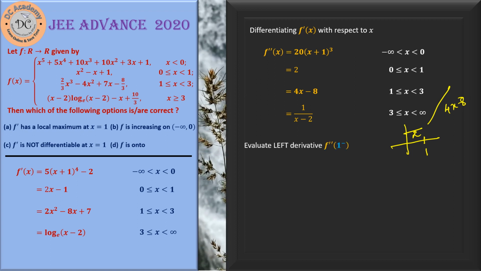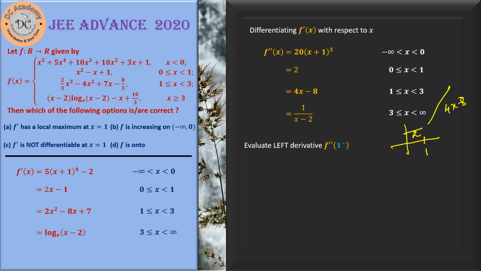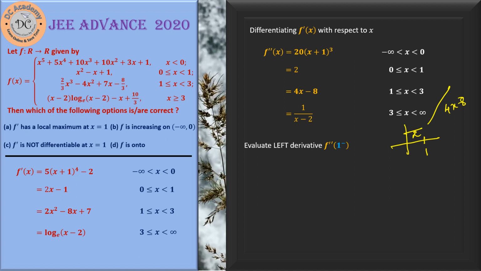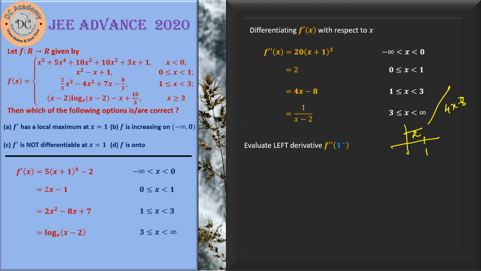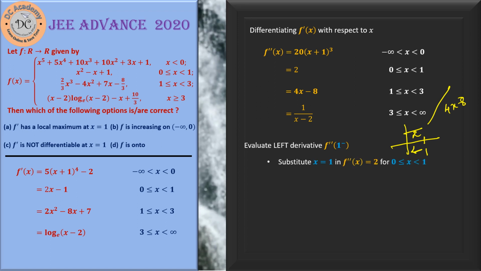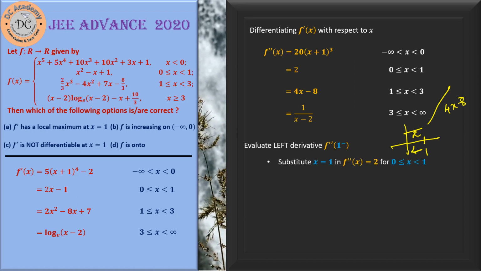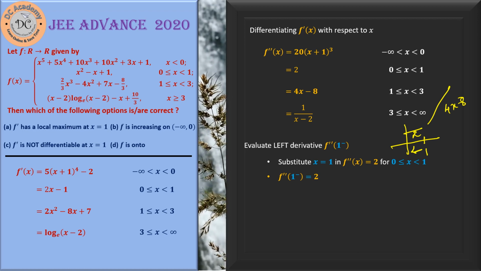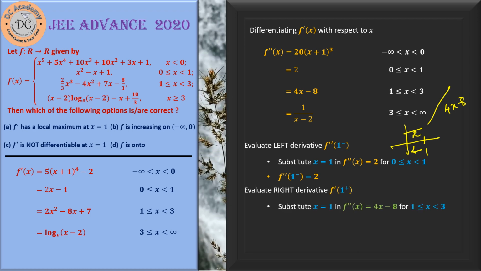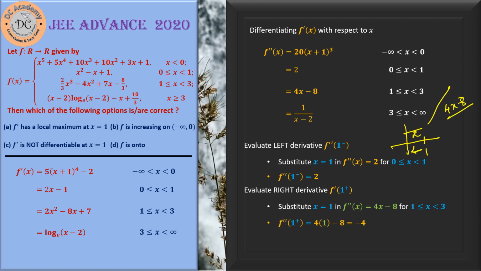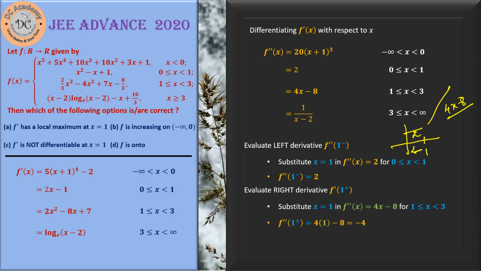Now let's evaluate the left derivative of f dash x, that means f double dash at 1 minus. At 1 minus, in this region, it is definitely 2. So substituting x equal to 1, the left derivative is 2. To find the right derivative, we substitute x equal to 1 in the definition 4x minus 8, which gives 4 minus 8, which is minus 4.